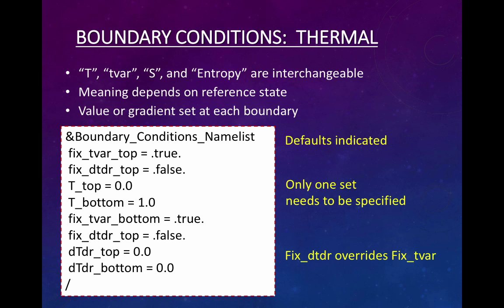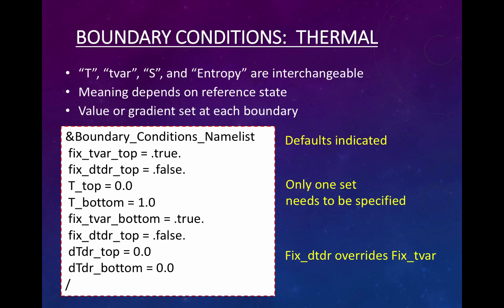One thing in the code, throughout the code, I tend to use TVAR, which is like the thermal variable. Okay, but occasionally I have entropy, and occasionally I have T. So whenever you see in something that you set, something like DTDR or TVAR, that can be entropy or temperature. It just depends on whether you're running anelastic or Boussinesq, basically.